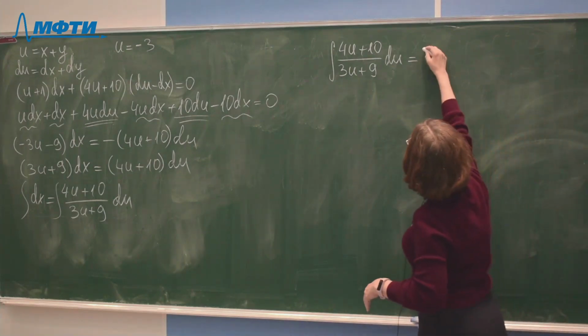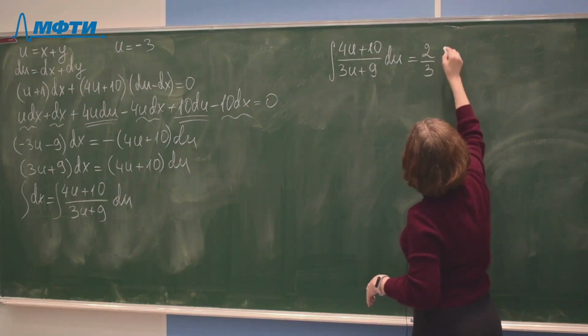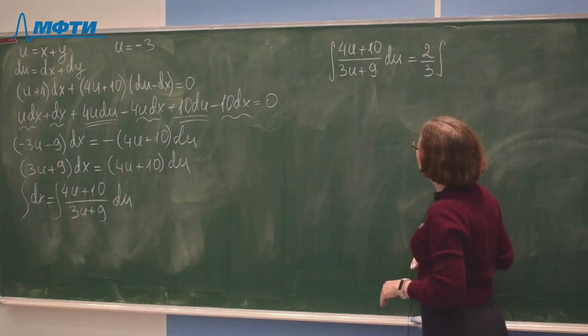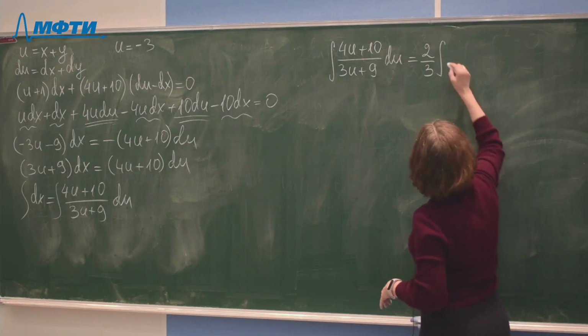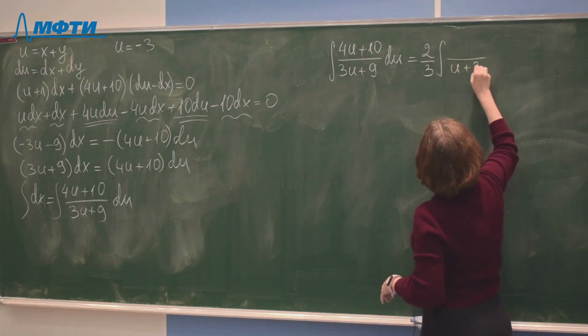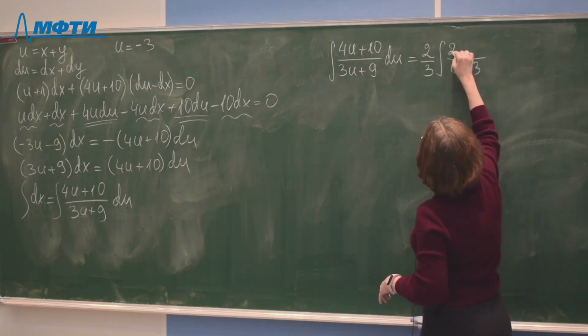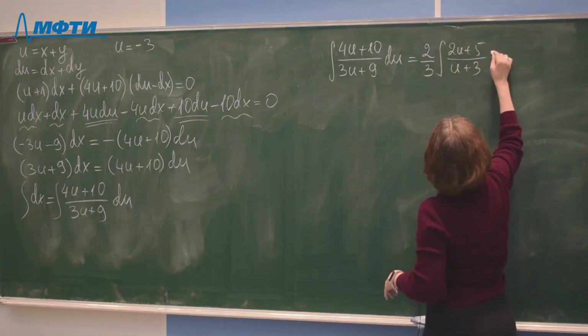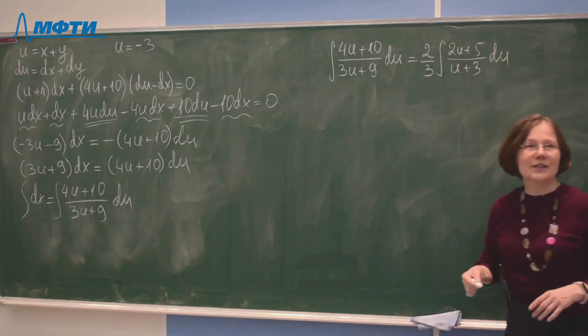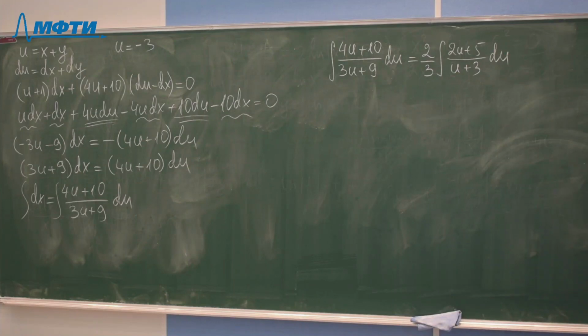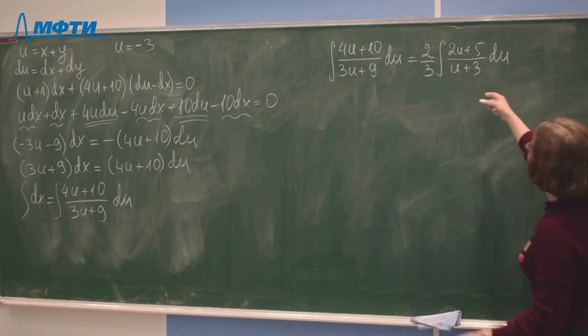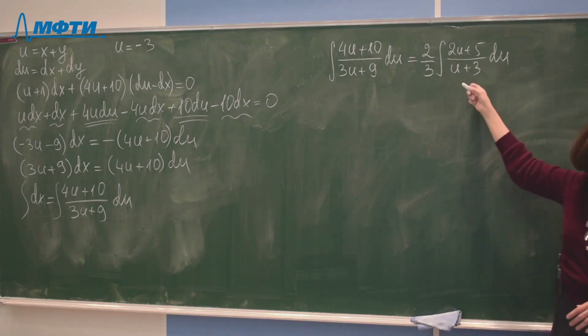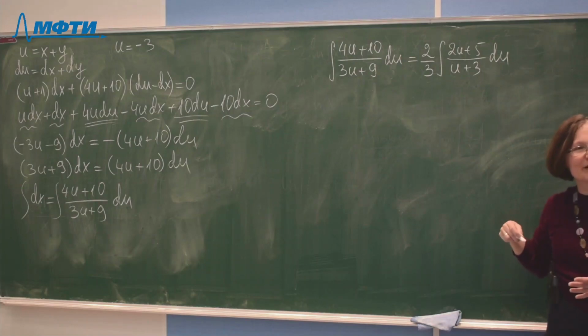First of all, I will move the constant out of the integral, leaving u plus 3 in the denominator and 2u plus 5 in the numerator. What shall we do next? Santiago, do you know how to integrate? So we need to integrate this function. How to find this integral?